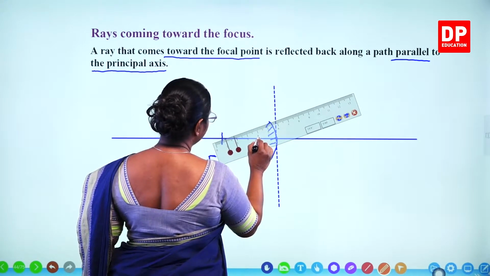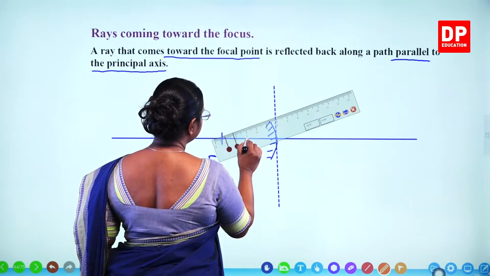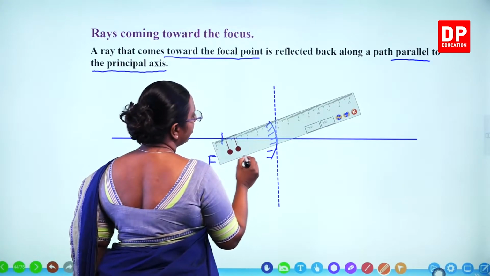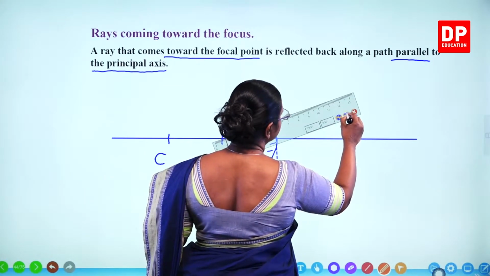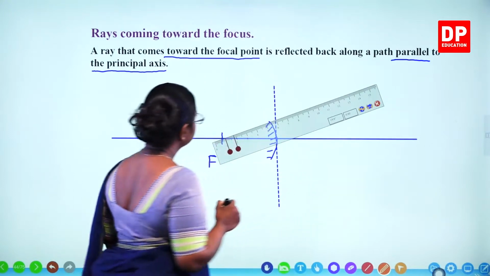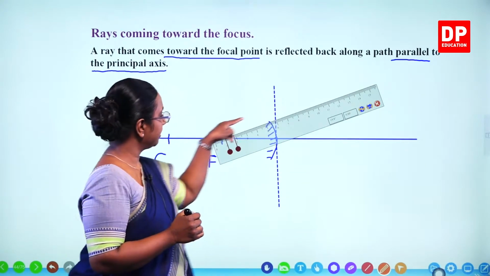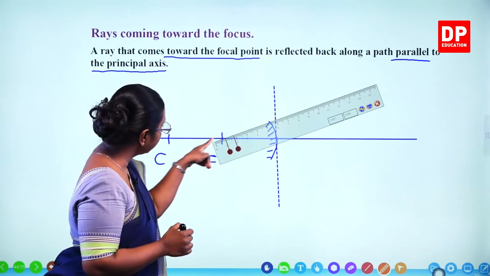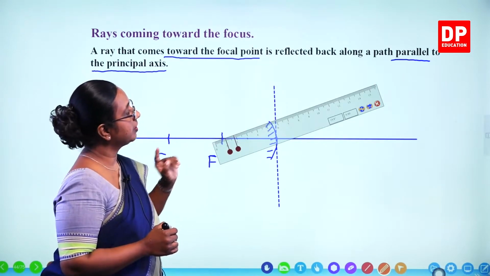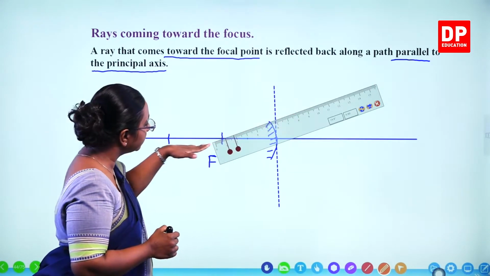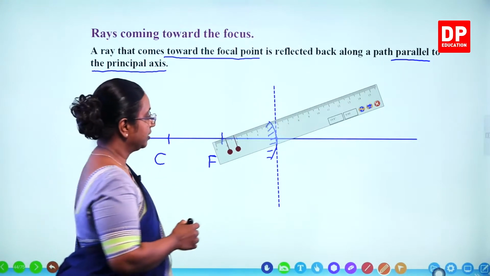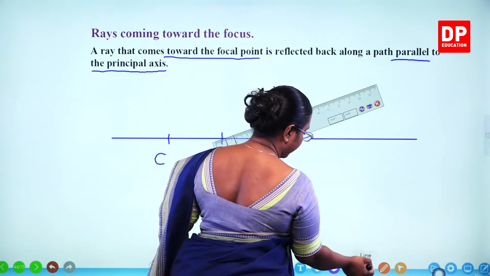So, you have to place the ruler so that it is along the focal point. Right. So, now this ray that is coming along this path will go through the focal point, or it's coming along the focal point. So, then I will draw that ray here.